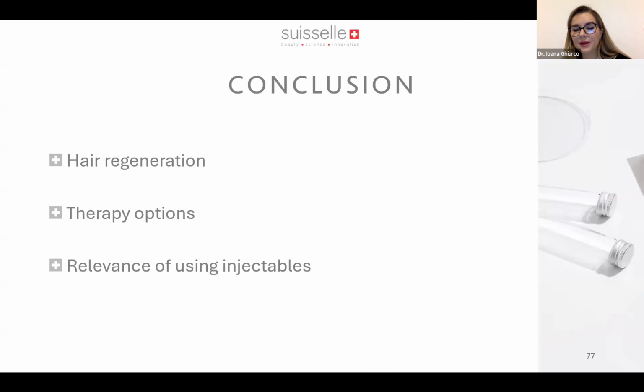In conclusion, I think it's very easy to integrate in everyday practice. Today, in my opinion, we will not treat hair loss with only one treatment. We usually make a combination of treatments.